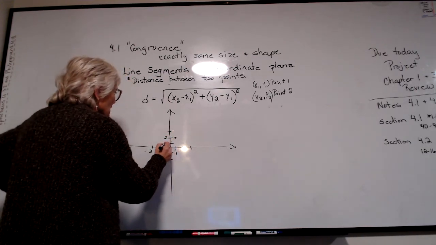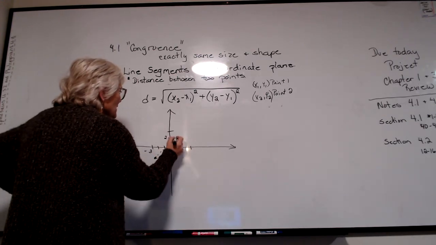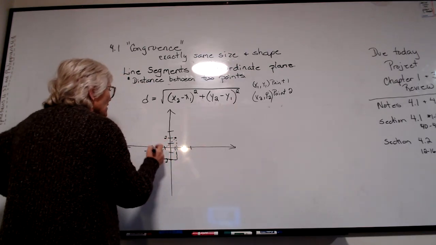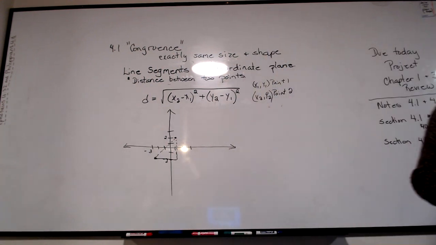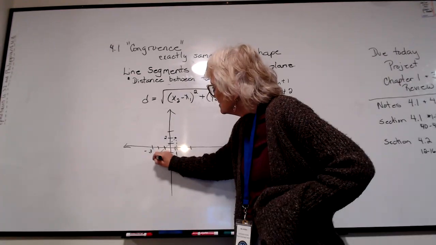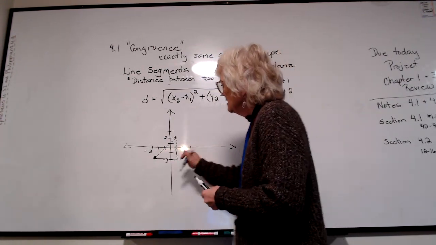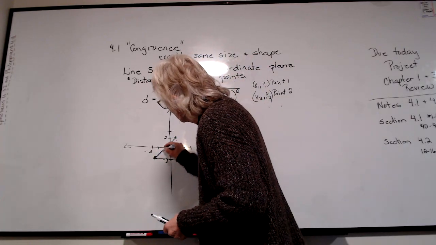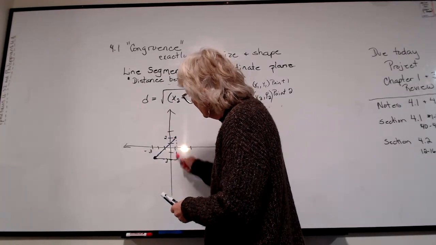I can either go like this to make my right triangle, or I could go up and make the other right triangle. It doesn't matter. Just make the right triangle. So I have this point, that's where I'm starting. I'm looking for this distance between here, so that hypotenuse length, and I have these two sides.